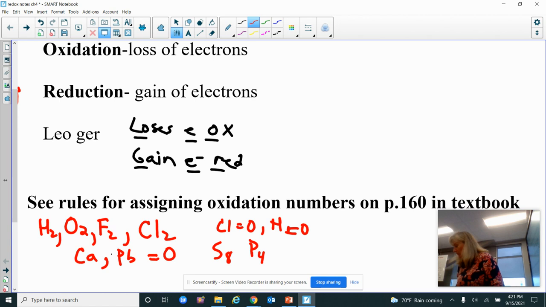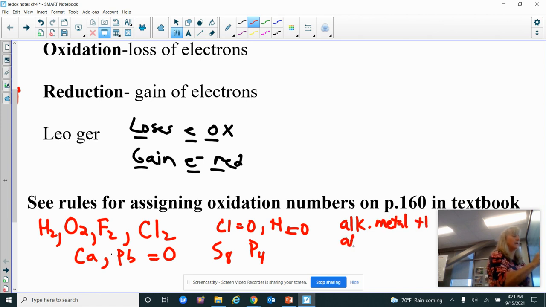Rule number 2: for a monatomic ion, the oxidation number is the ion charge. So for the ions that we've already talked about, all the alkali metals, group 1, are +1. All the alkaline earth metals, group 2, are +2.